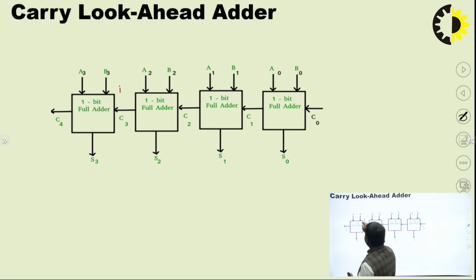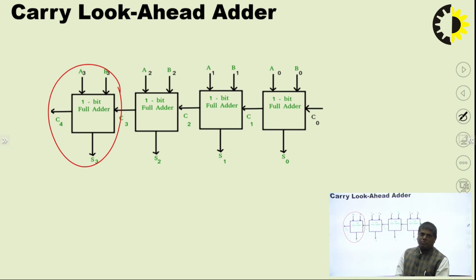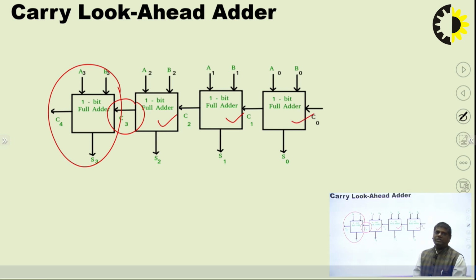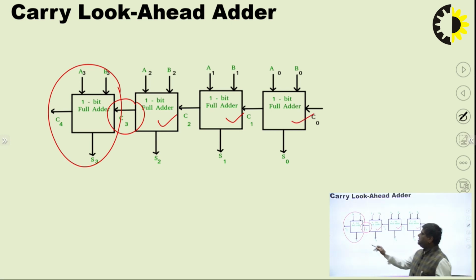Suppose this full adder performs the arithmetic operation when this carry works as an input. It means this full adder waits some time until the previous full adder performs the arithmetic operation. So there is some delay.